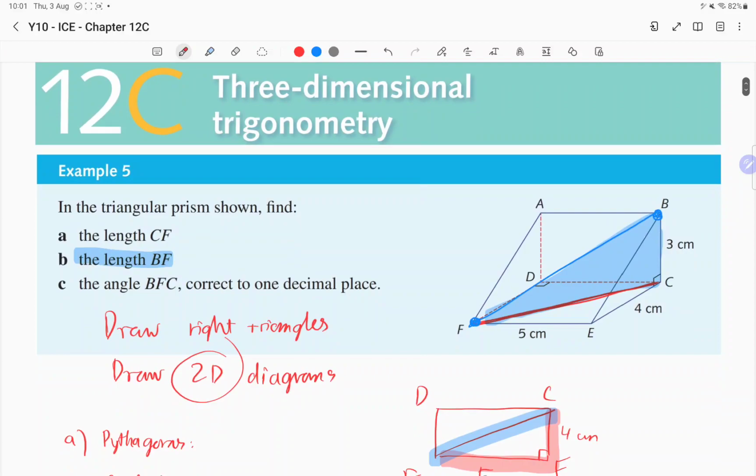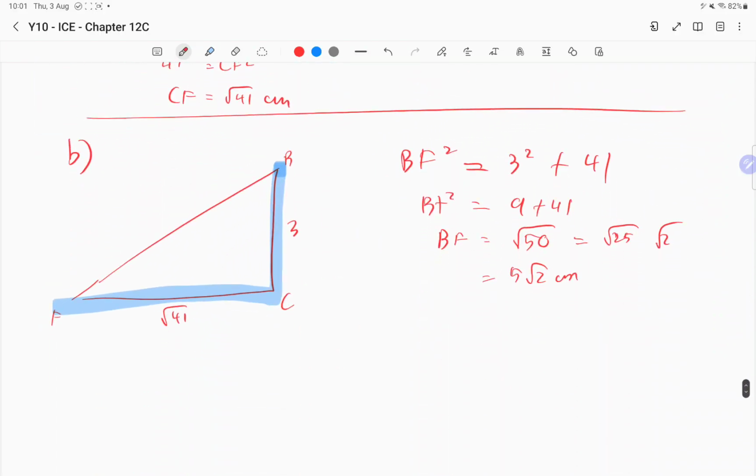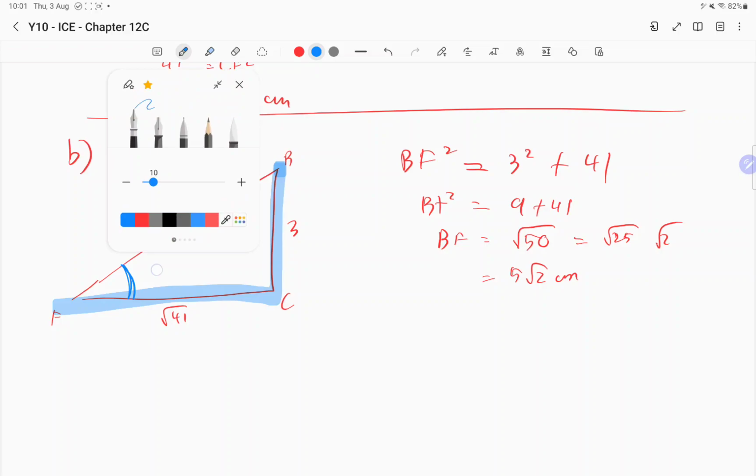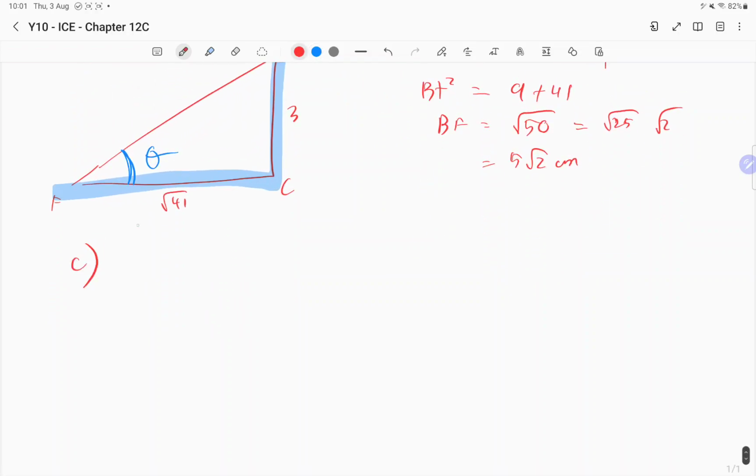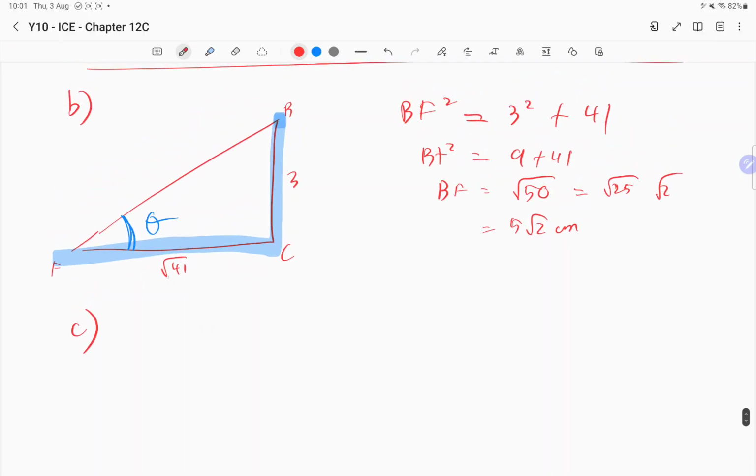And then the angle BFC, to correct to 1 decimal place. We've got the drawing here already. Let's call the angle BFC theta. So in question C, we're basically finding that angle theta. You can use many different ways of doing this, because we know the side BF, 5 square root 2. We know all 3 sides. You can use either sine, cos, or tangent.